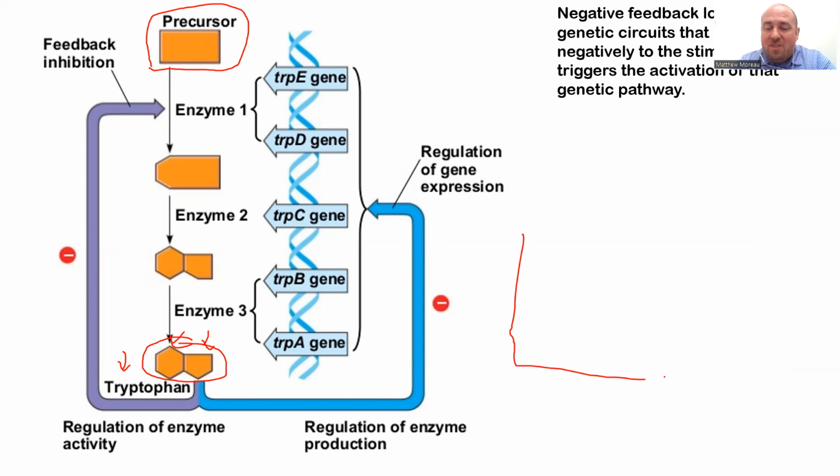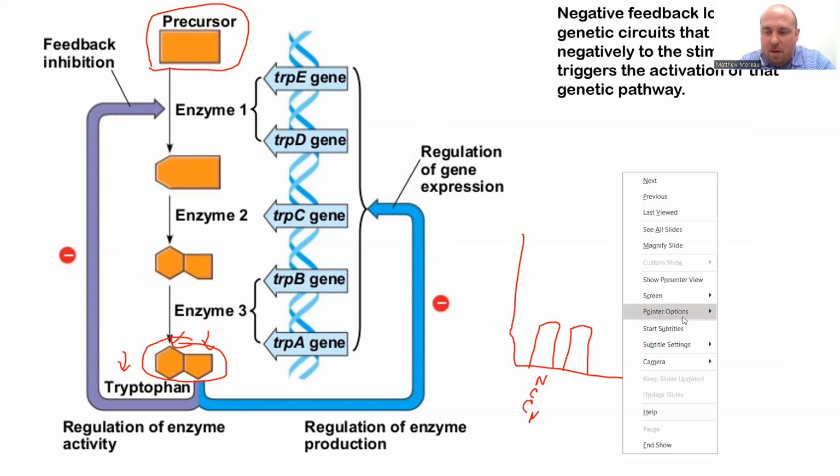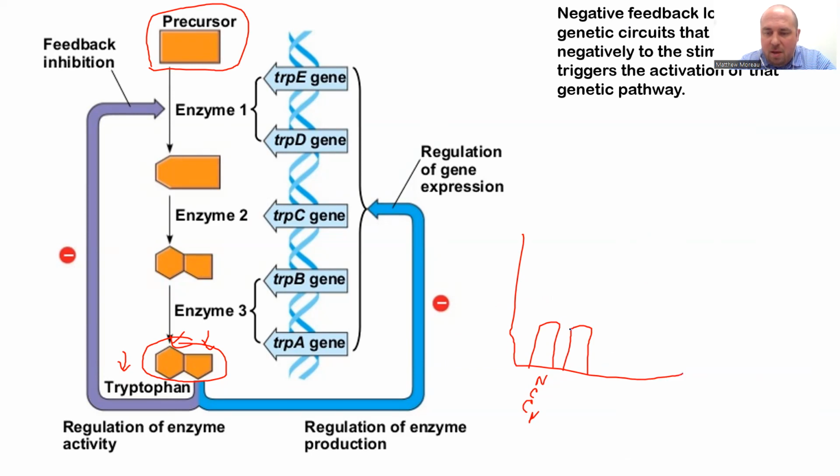But again, if a cell needs this much tryptophan, and it then makes this much tryptophan, so it has what it needs, well, then you have a situation where you might make this much tryptophan. So this tryptophan, that's more than what the cell requires, ends up going back into the cell and then binding to the transcription regulator of tryptophan.